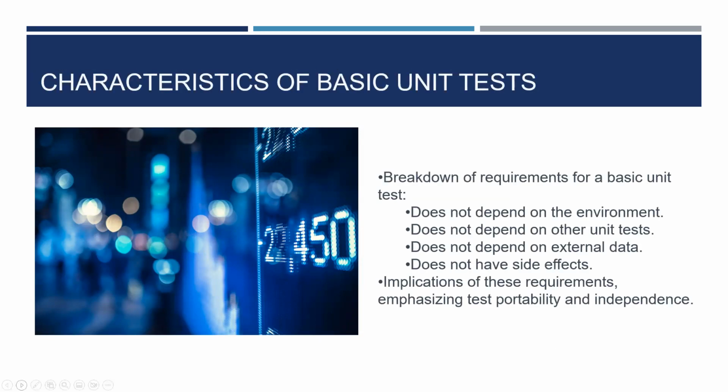There are some characteristics of the basic unit test. We can explore these characteristics. They should be environmentally independent, isolated from other tests, not rely on external data, and should have no side effects. Adhering to these requirements ensures the test is portable and independent, crucial aspects for a robust testing strategy.